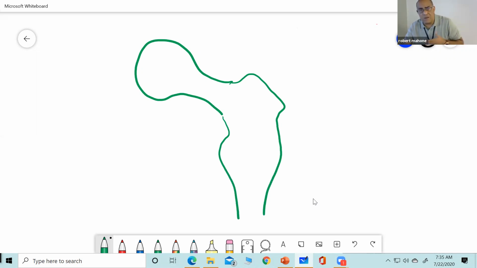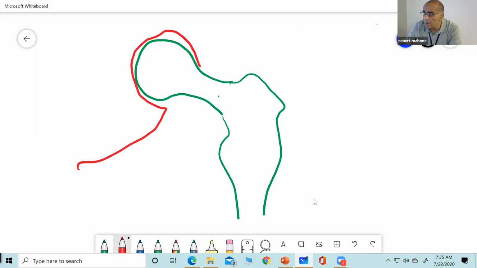But when you break your hip, you're breaking your femur bone. The acetabulum and the ilium are up here. So when you're breaking this bone, you're usually breaking right there at the neck of the femur. That's the most common hip fracture. As you can see, that's the weakest part of the bone, so that's the bone that's usually going to break.